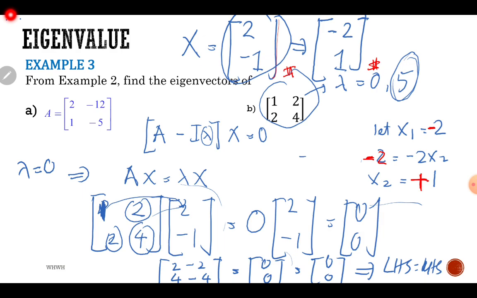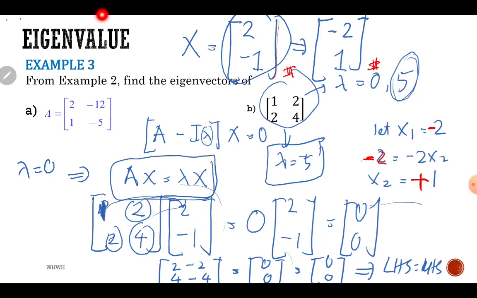So, I want you to repeat the same step, but now using lambda equals to 5, and tell me what do you get, or solve what you get for your eigenvector for lambda equals to 5. Tolonglah pelbagaikan jawapan anda because there are variety of answer for your eigenvector, and show what you get is the correct choice.